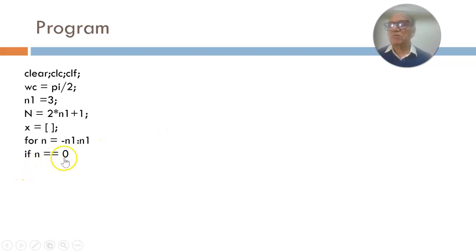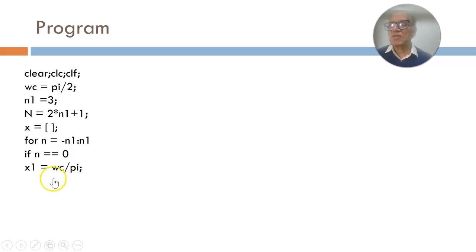Then we check the n equal to 0 condition separately, because remember in that equation for the impulse response coefficients, we had n in the denominator. So unless we check this condition separately, we will get an error saying that the denominator is 0. So we calculate the coefficient for n equal to 0 separately.